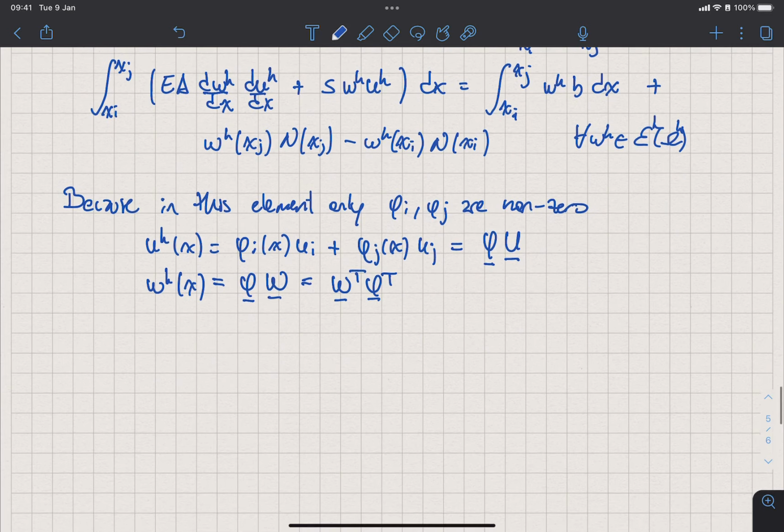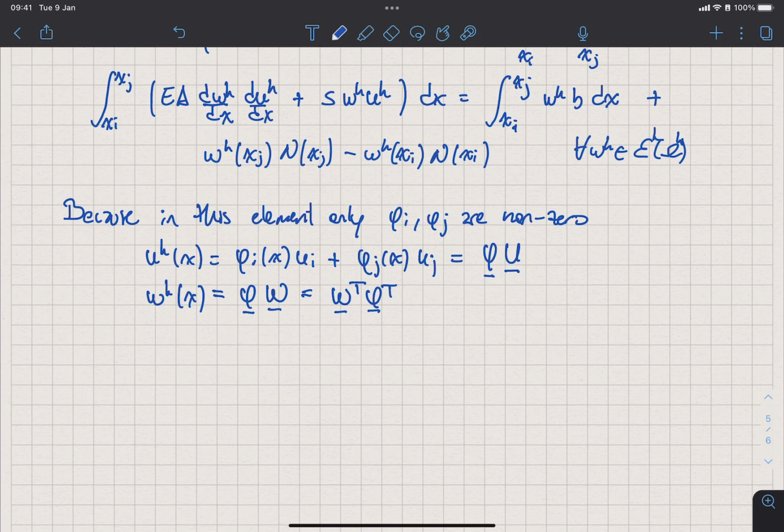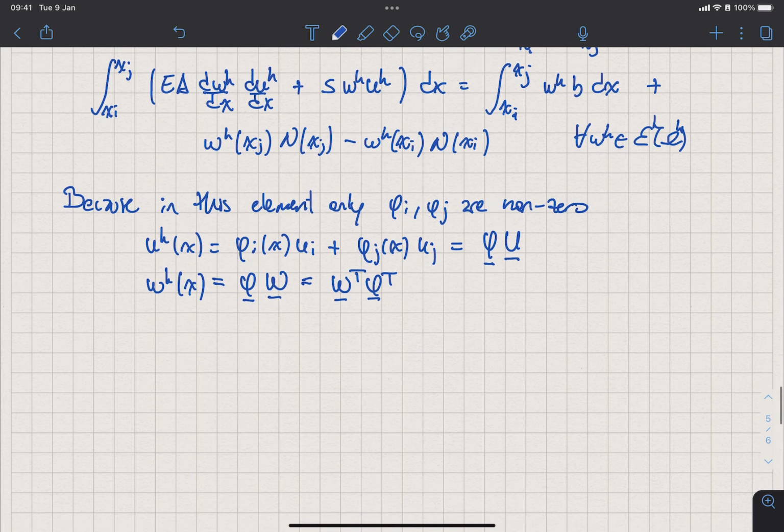So when we adopt this type of matrix notation and we plug back into our equilibrium of the one bar, what we get is something that looks like this.